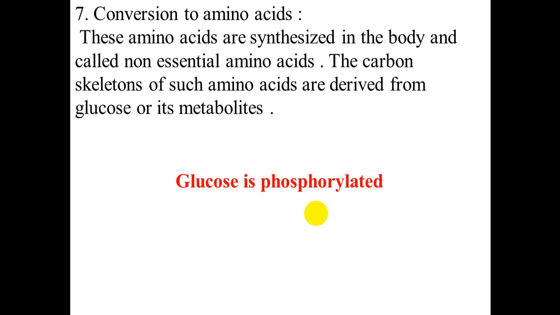These amino acids are synthesized in the body and called non-essential amino acids. The carbon skeletons of such amino acids are derived from glucose or its metabolism.